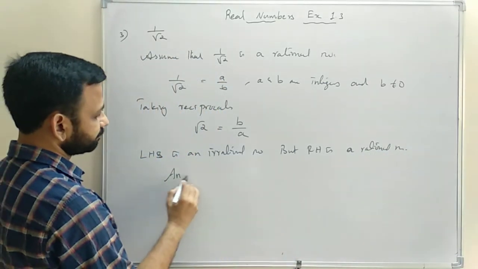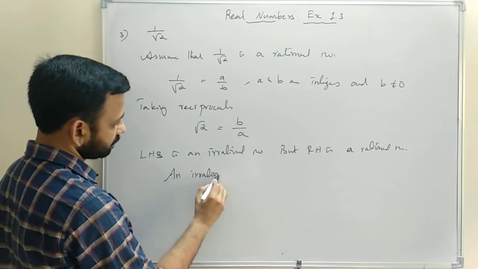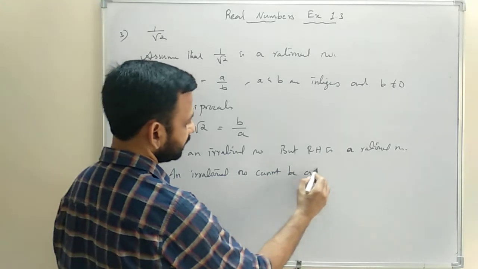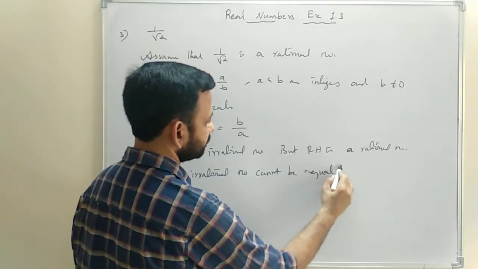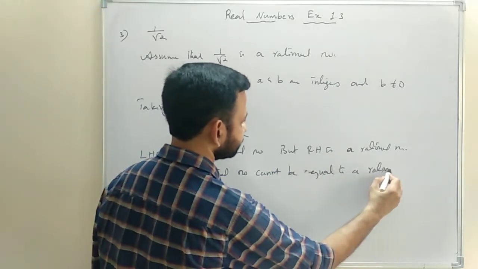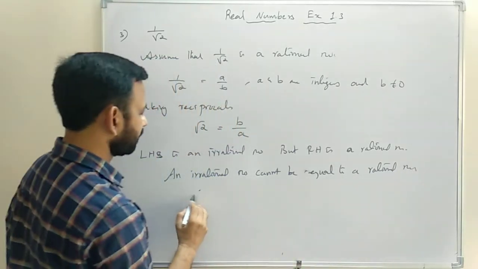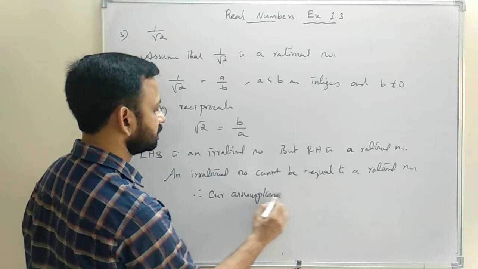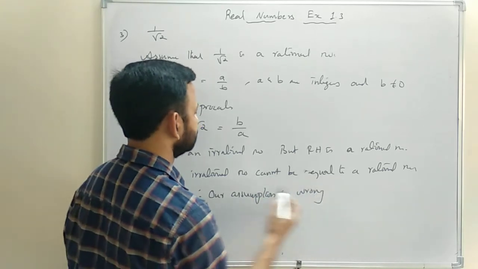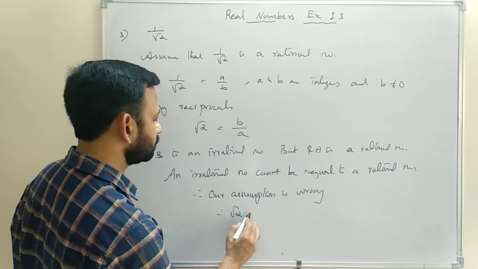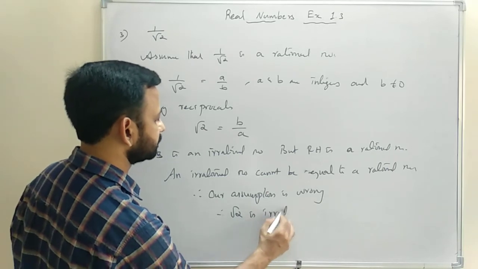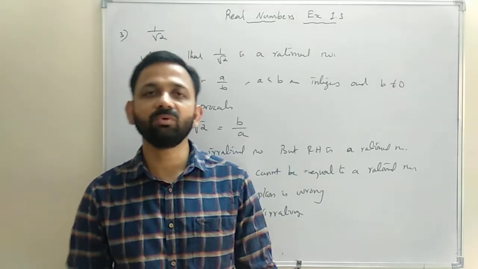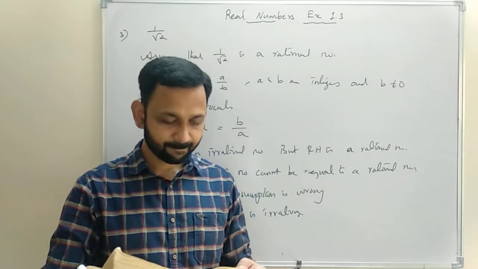An irrational number cannot be equal to a rational number. Therefore, our assumption is wrong. Therefore, root 2 is irrational. Our assumption is that root 2 is rational, so that assumption is wrong. Therefore, root 2 is an irrational number.